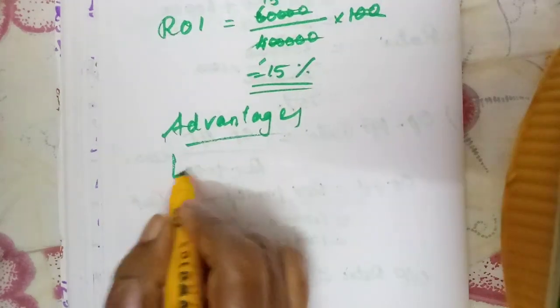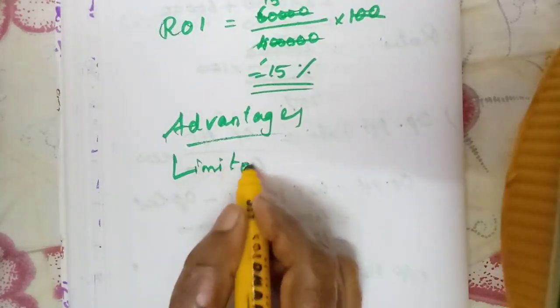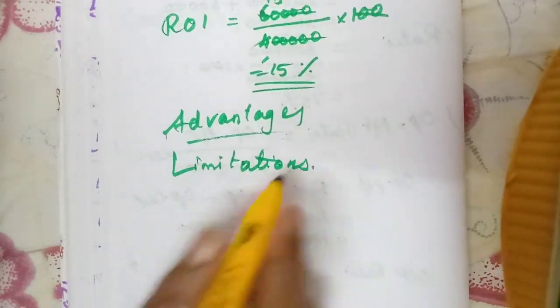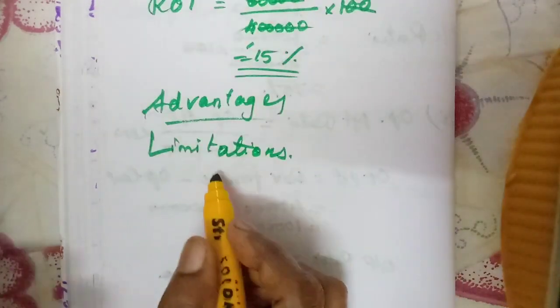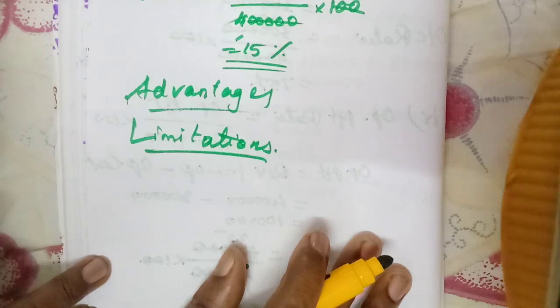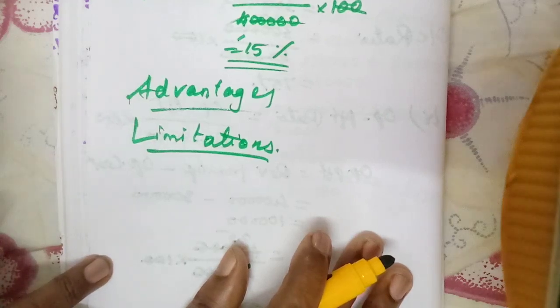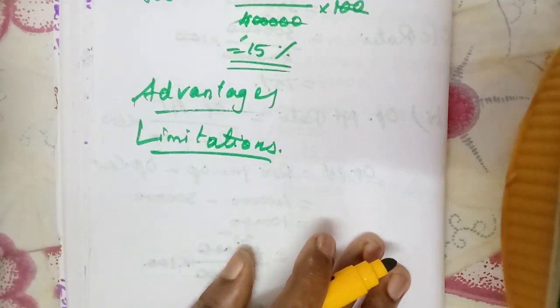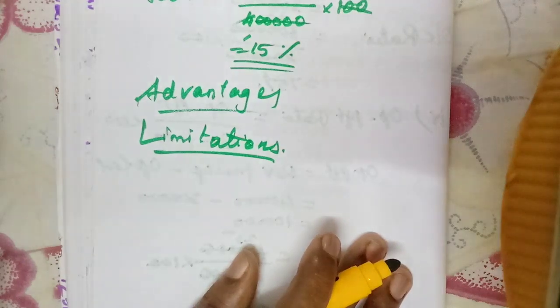Then what are the limitations? Here we should say these ratios, once we measure, we cannot say it is very correct, because it is a means only, not an end. Because it is measured by the experts or the accountants, isn't it?